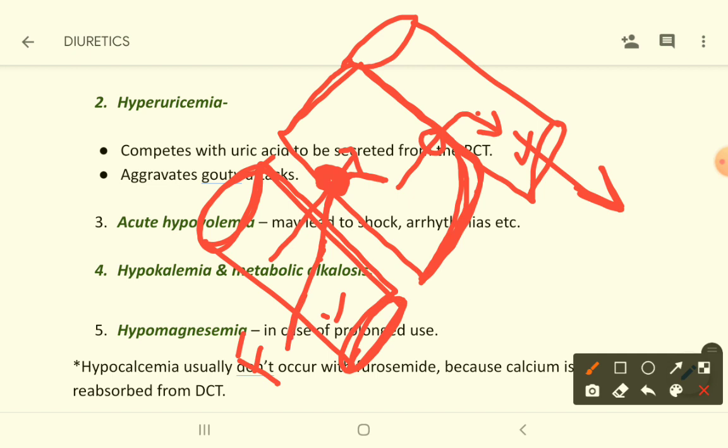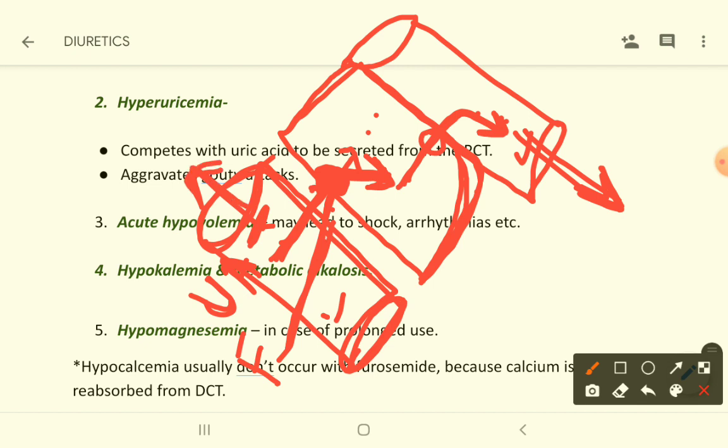So this competes with uric acid. Uric acid cannot bind with this transporter, cannot be transported here, and cannot be excreted. Furosemide gets transported into the epithelial cell and from there into the tubular lumen, but uric acid cannot get transported into the epithelial cell. So the uric acid level in the blood increases.